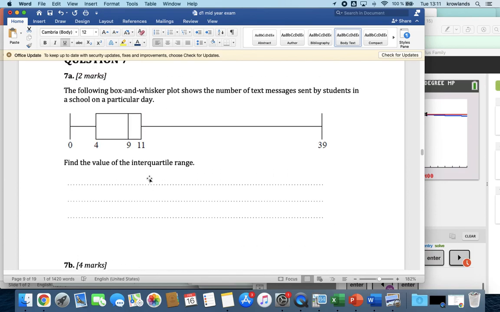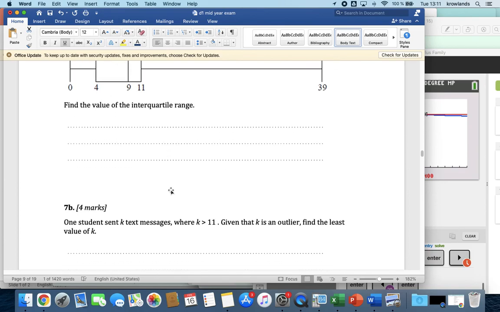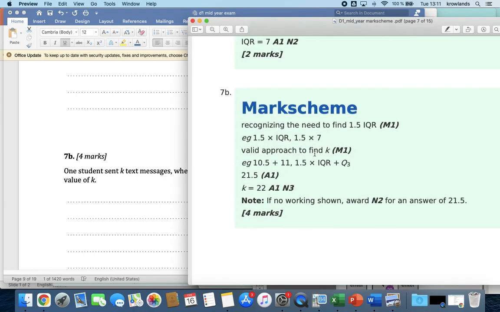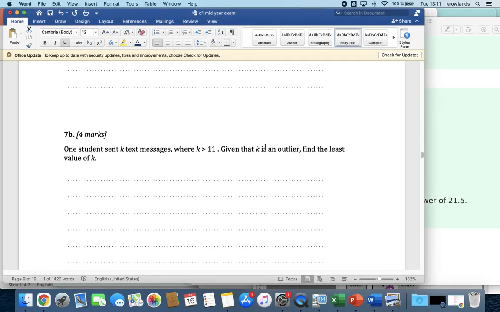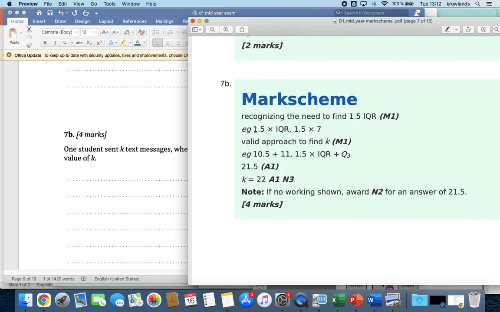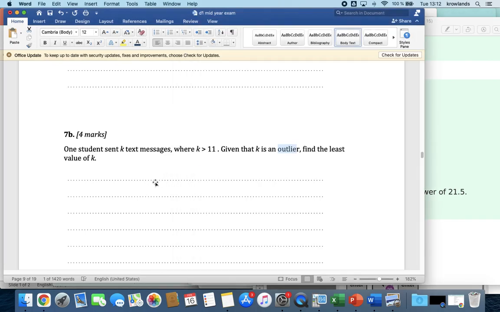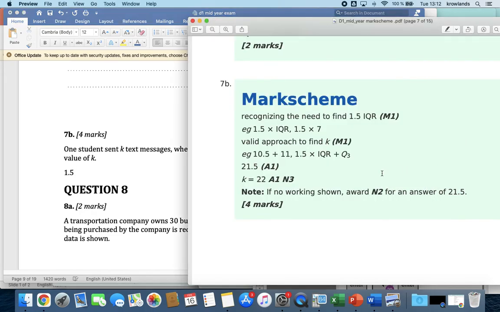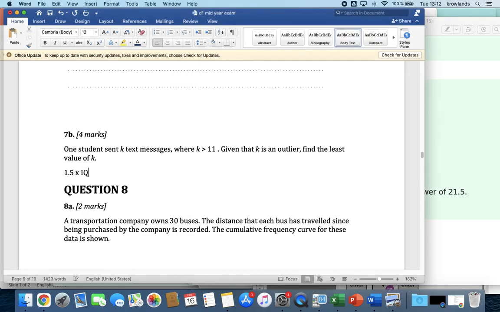So now we're going to go over this question. Now 7b was not answered ideally. However, what you need to do is, if it talks about outliers, you need to remember to use the outlier formula. You should have memorized this. Your outlier formula is going to be as follows: 1.5 times the interquartile range.